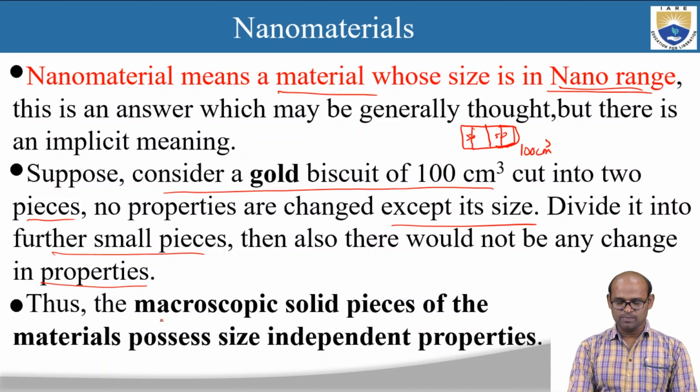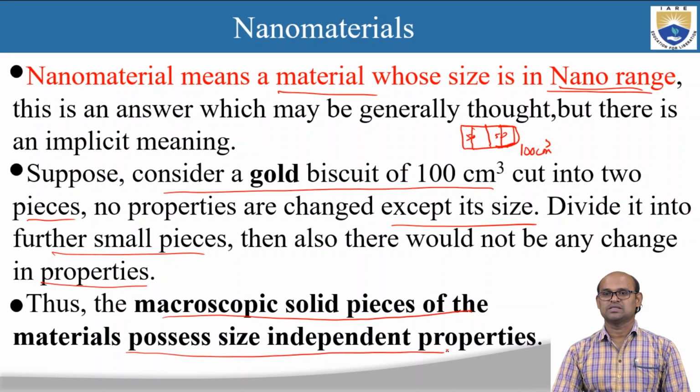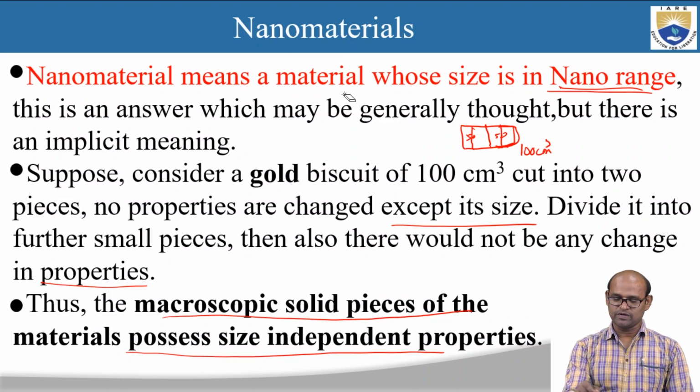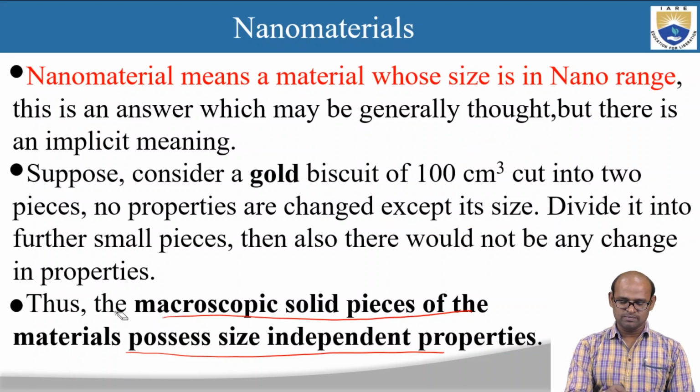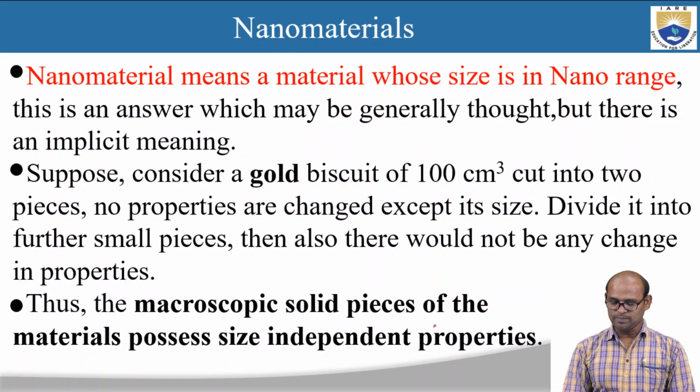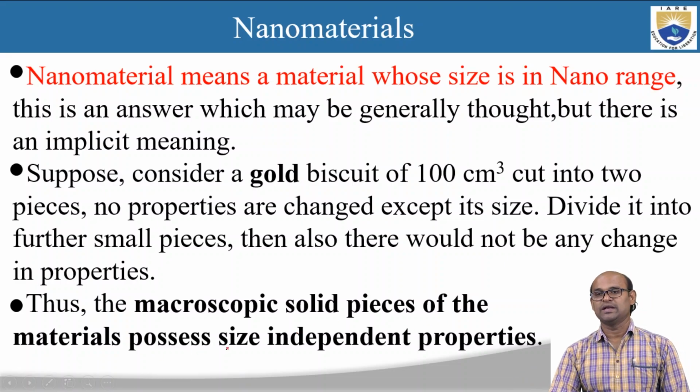Thus the macroscopic solid pieces of the material possess size independent properties. Whether it is 100 centimeter cube or 25 centimeter cube or 10 centimeter cube, the properties of this material don't change.